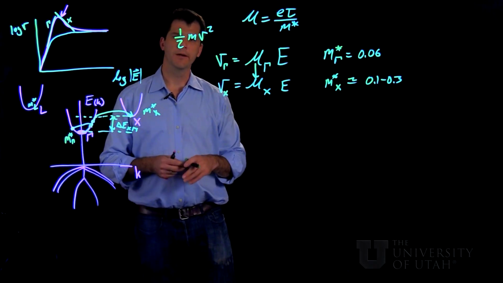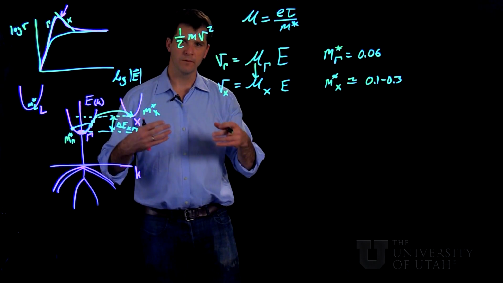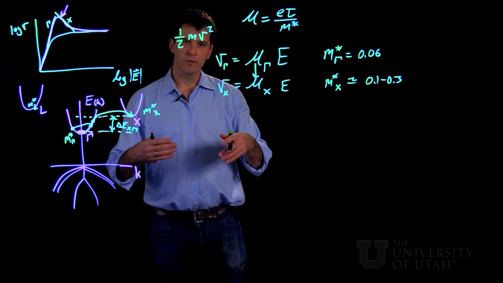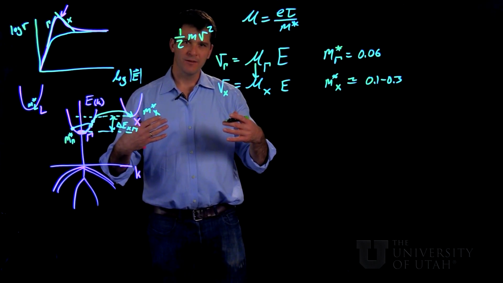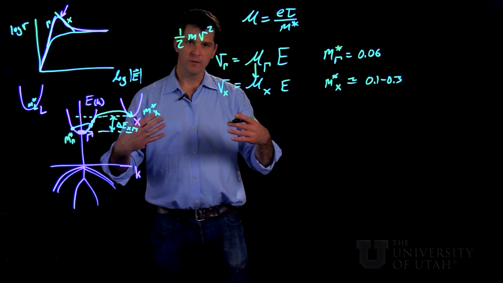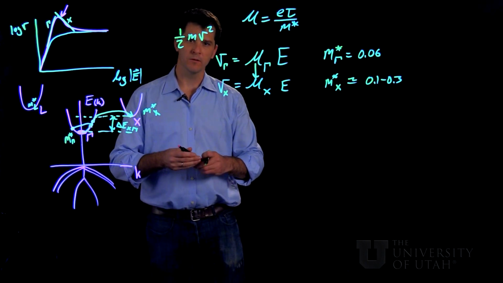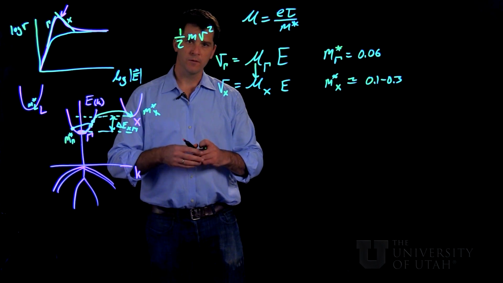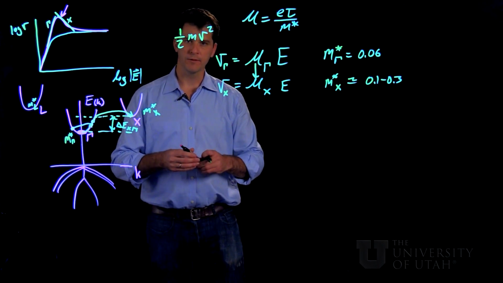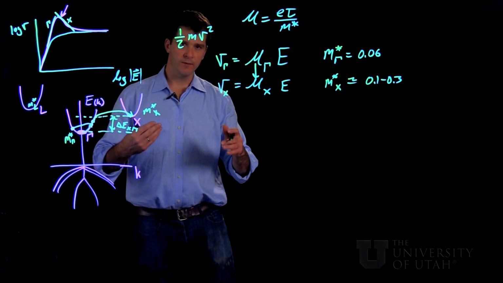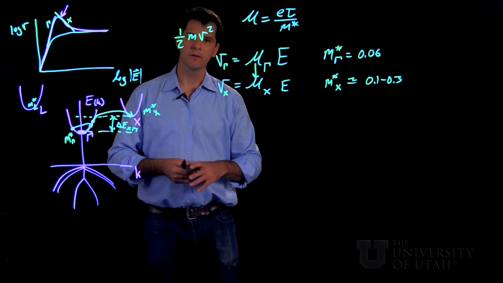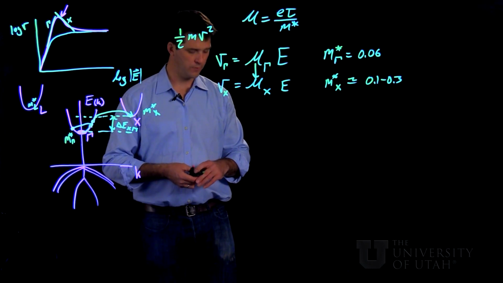And if you have negative differential resistance, it means that your Ohm's law is broken. You're no longer having the current proportional to the applied E field or voltage. And if you have that happen, you can actually make oscillators and things like microwave sources.